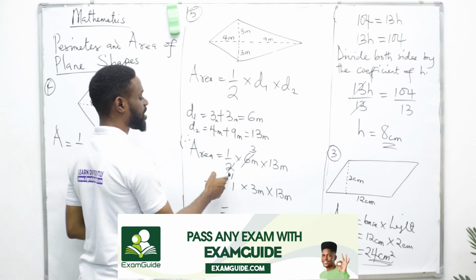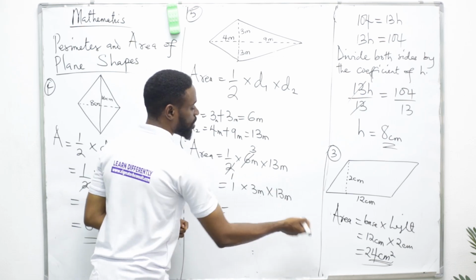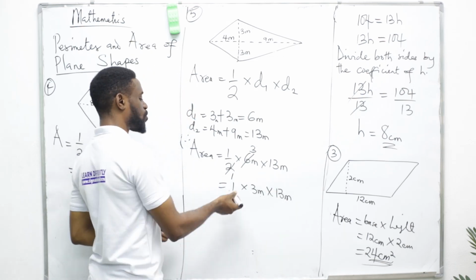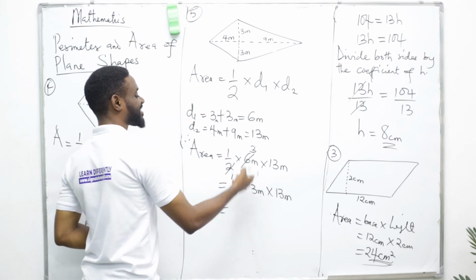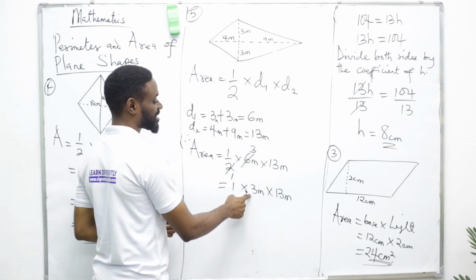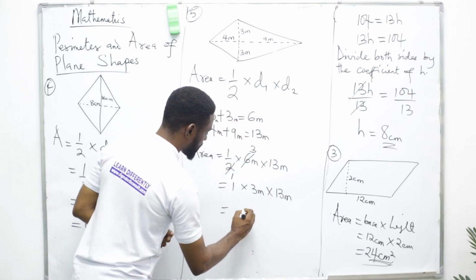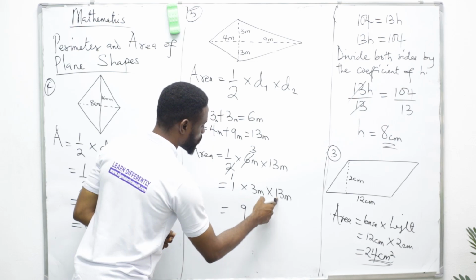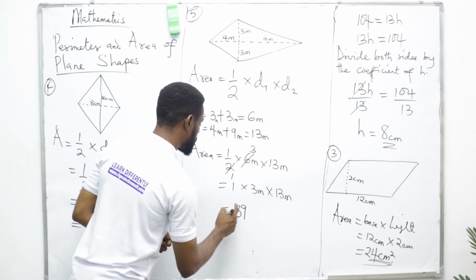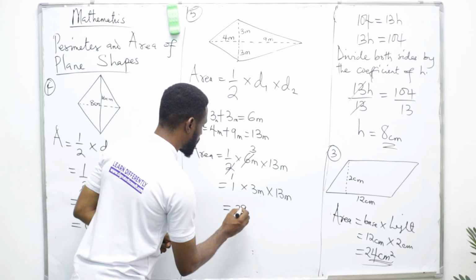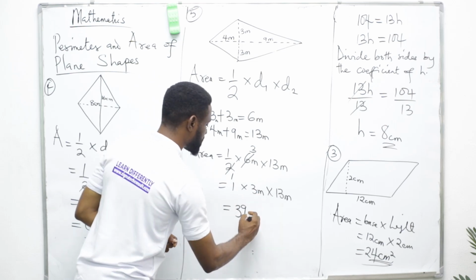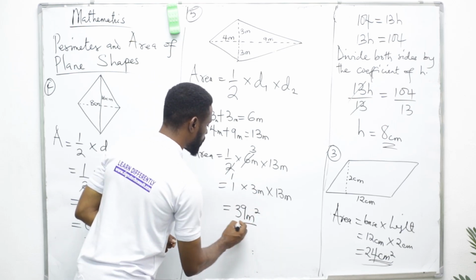So remember, everything here is 1. So 1 times 3 is 3. 3 times 13 is 39, because 3 times 3 is 9 and 3 times 1 is 3. You get that? Okay. So meter times meter is meter squared.